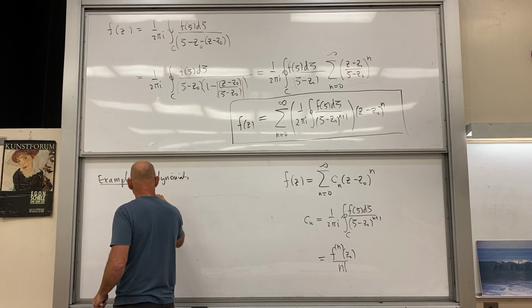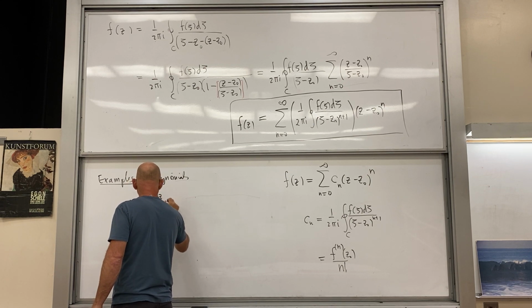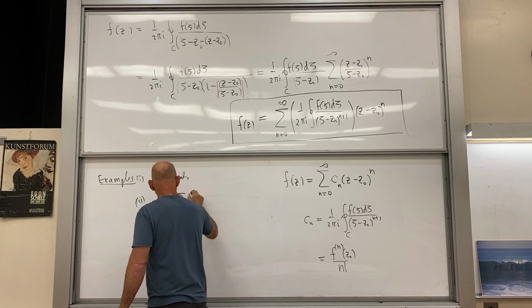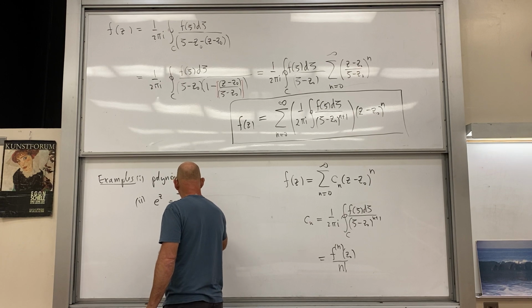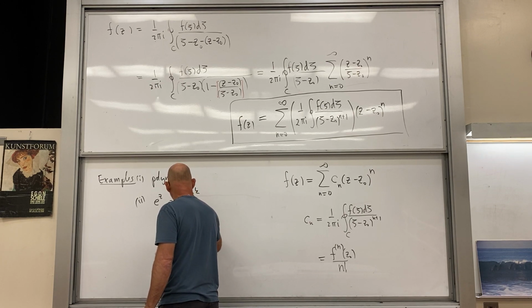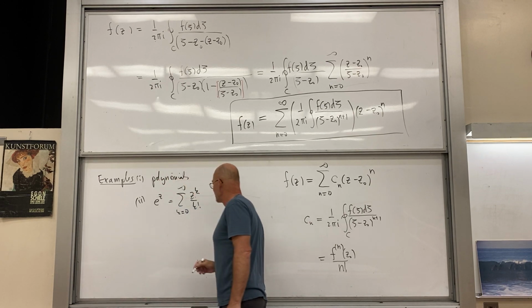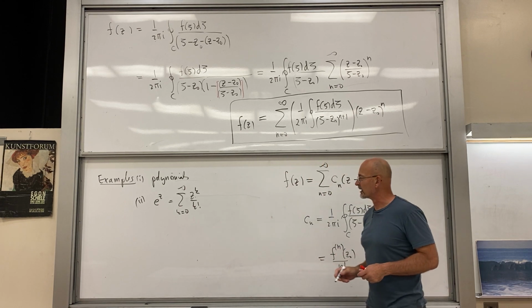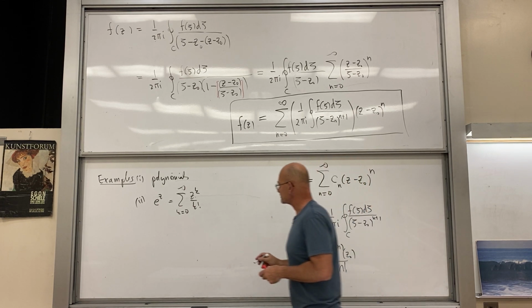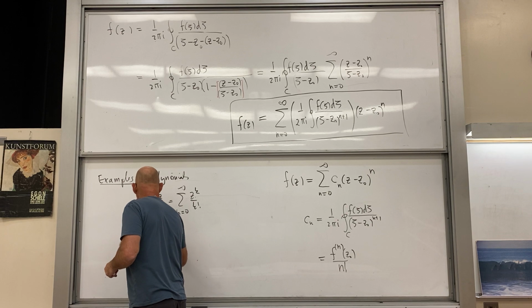You have e to the z equals the sum of z to the k over k factorial, sines and cosines, etc.